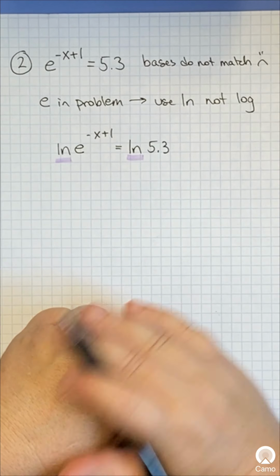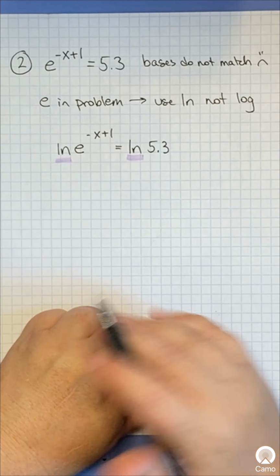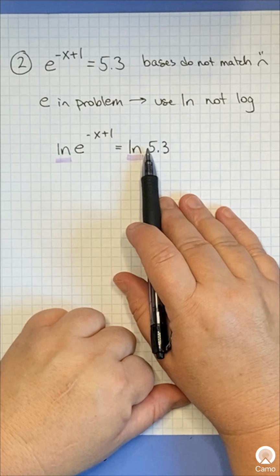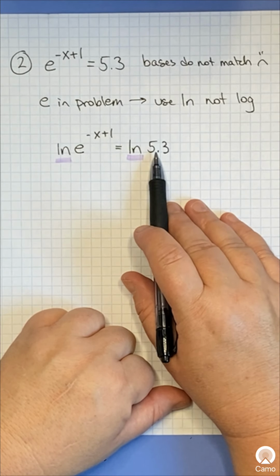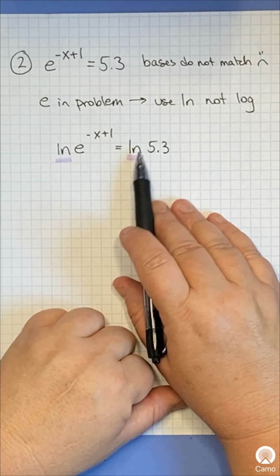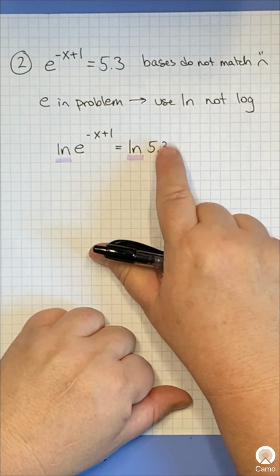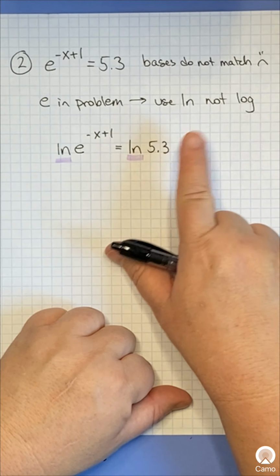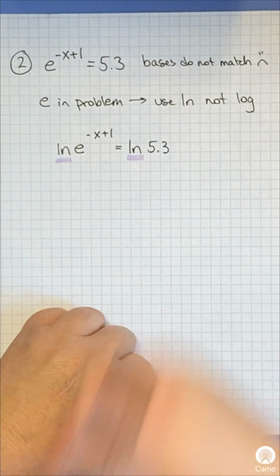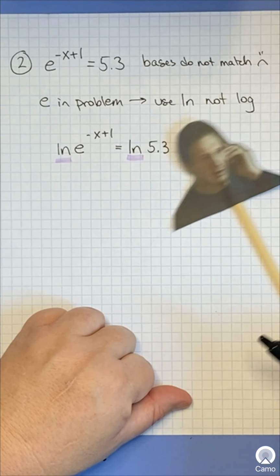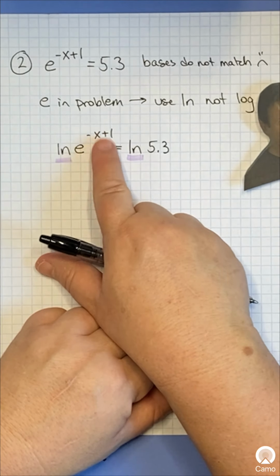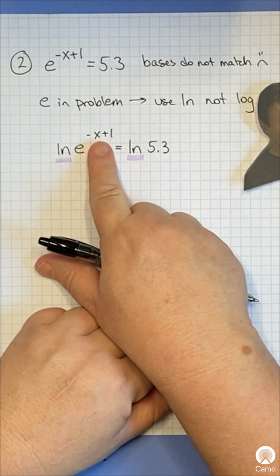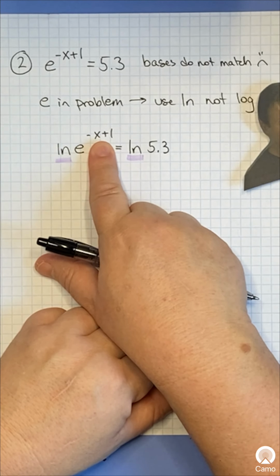Okay, so let's see. What can we do? Well, it turns out this over here is just a number. It looks very complicated, but it's just whatever happens when you take the natural log of 5.3. So this side's actually going to be pretty easy to deal with. No x. Yes, but Liam Neeson's still upset because his x is up there and we gotta get it out. So what do we do?